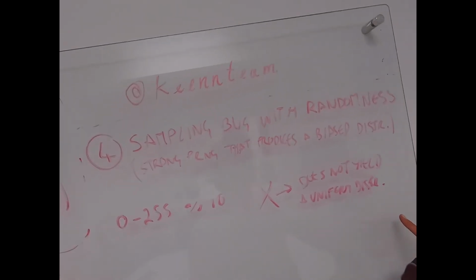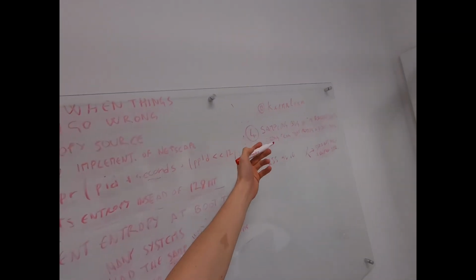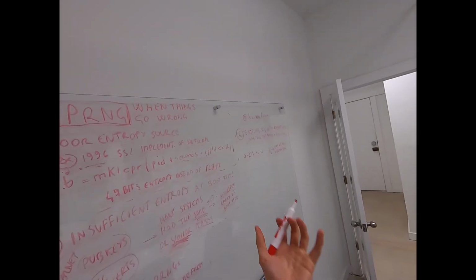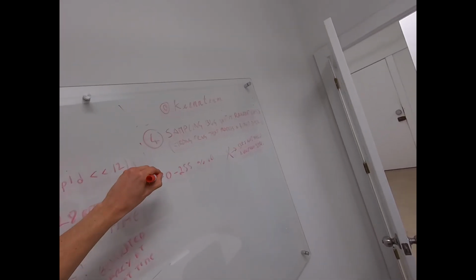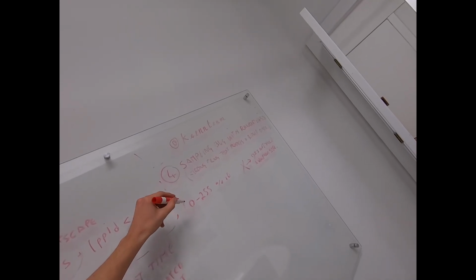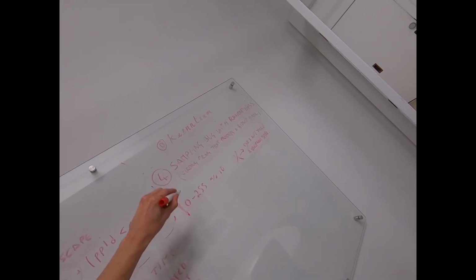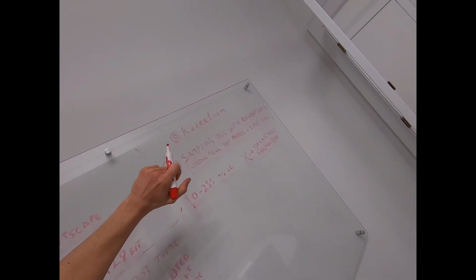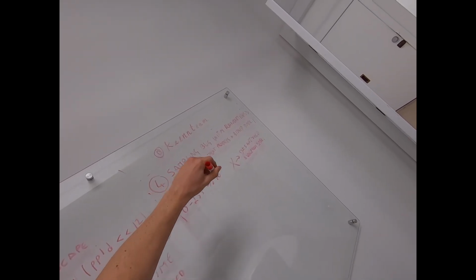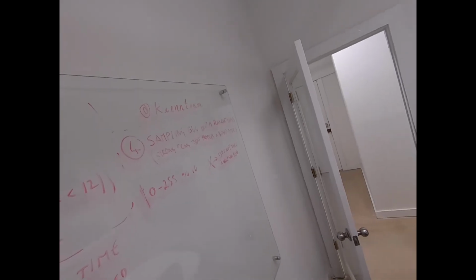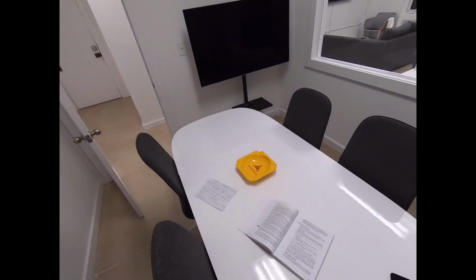of decimal numbers. Okay, so yeah, they were using good pseudo-random number generators, but then in their code they were running all of their bits and values through modulo 10, which did not yield a uniform distribution.